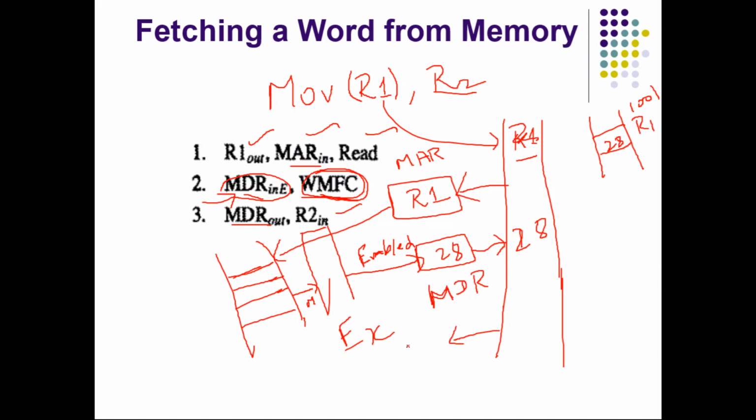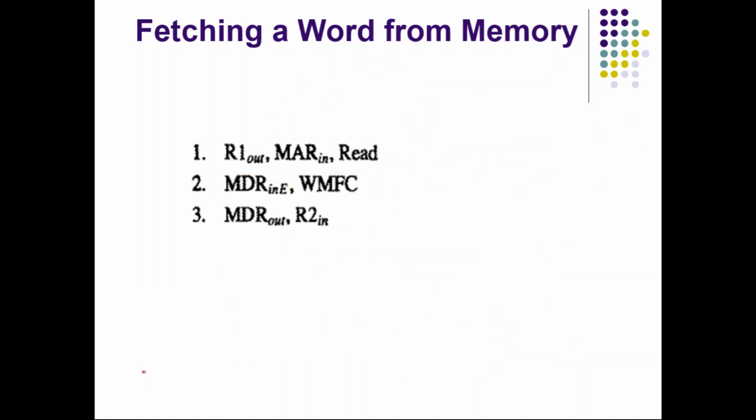Whatever is available in the system bus will be moved to R2. What is available? 28, the content of the location referred by R1. So this is how a word is fetched from the memory, right?